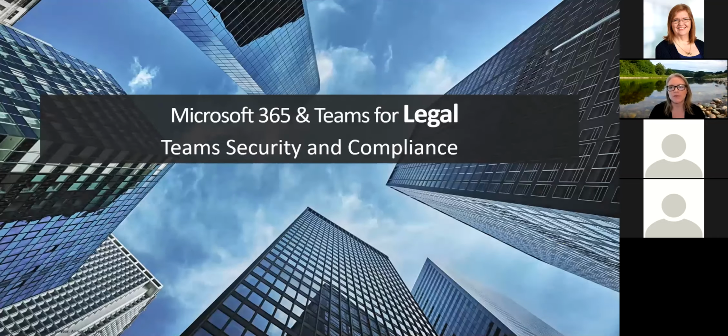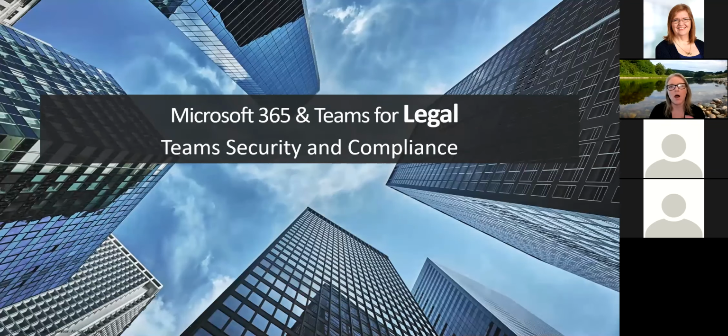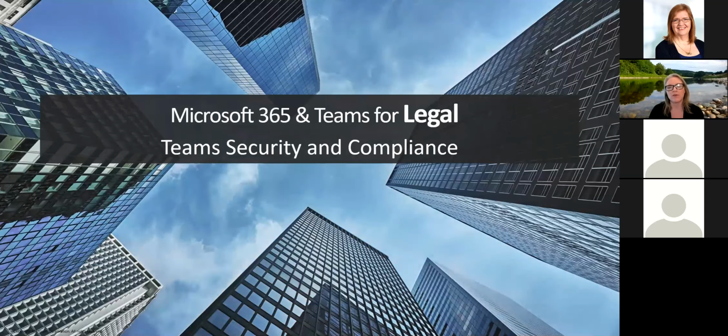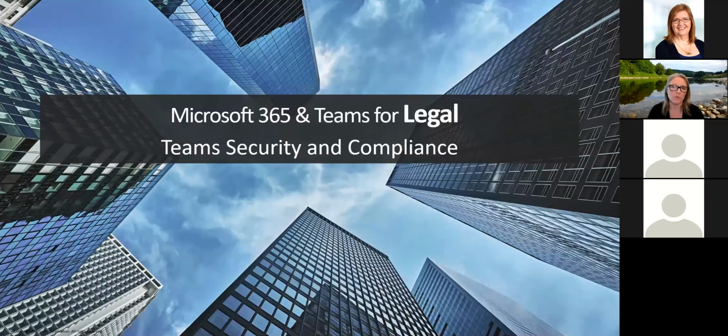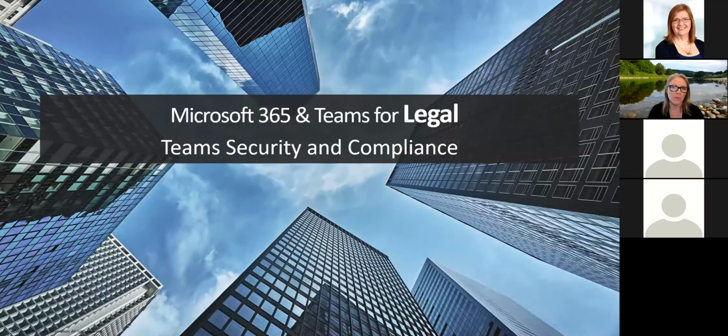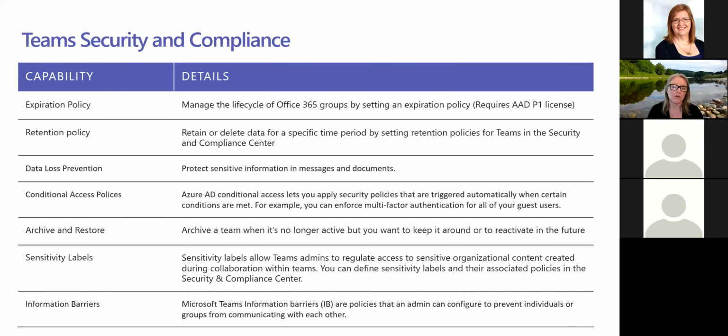A couple more slides on Teams security and compliance. I know I'm not going to dive deep into this. Paul will take this on, I believe next week, on really the considerations of what you should have in place when you want to start opening up the collaboration and communication portion. But at a high level, there are group expiration policies.